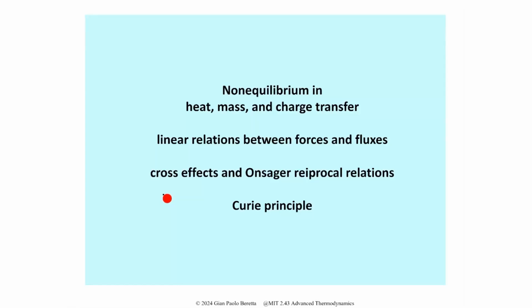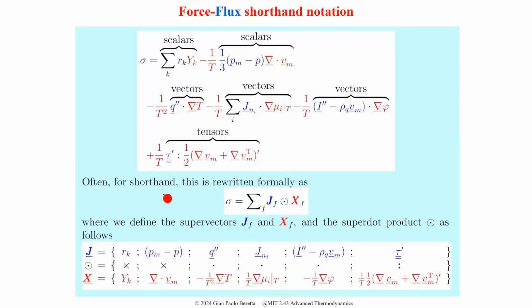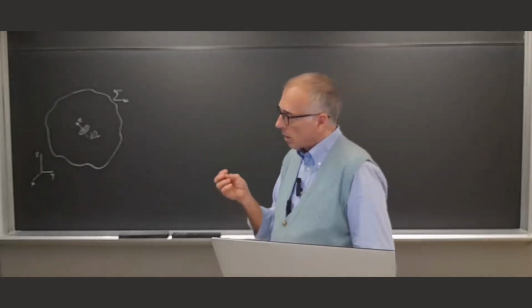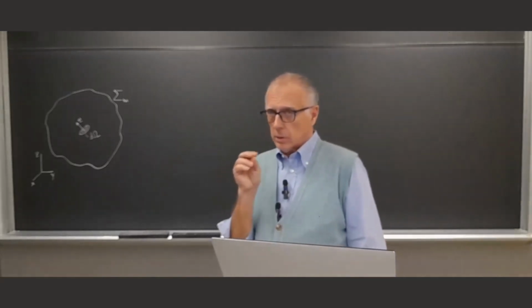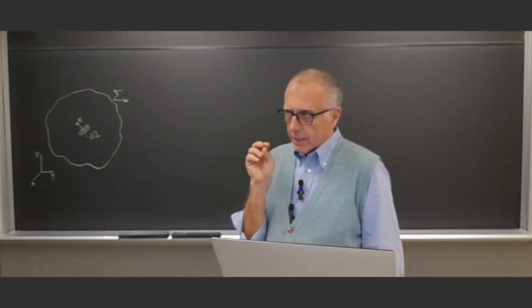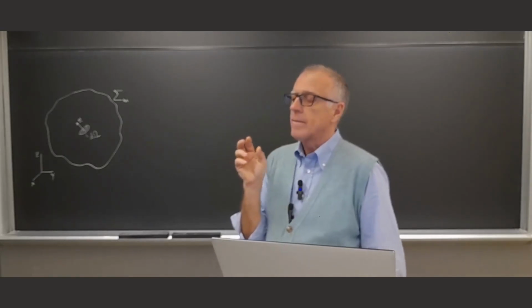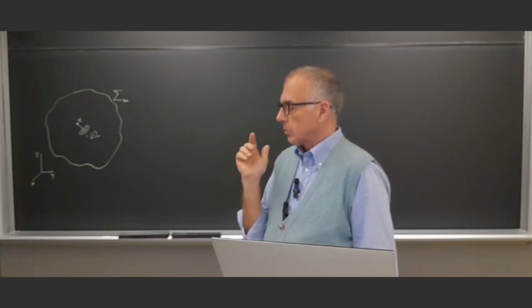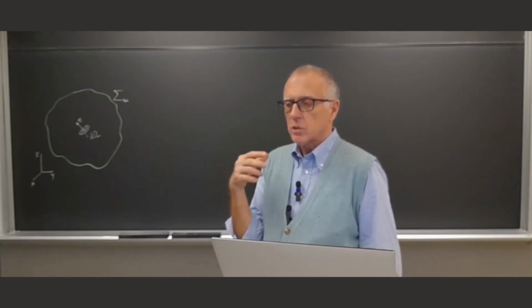Actually, maybe I should go back a moment. There was one slide that I missed, but maybe it will come up later. What I need to say at this moment is that this relation is what I called an extrinsic relation. Extrinsic means that it has been obtained using only assumptions about the continuum, the balance equations, things that hold in general.